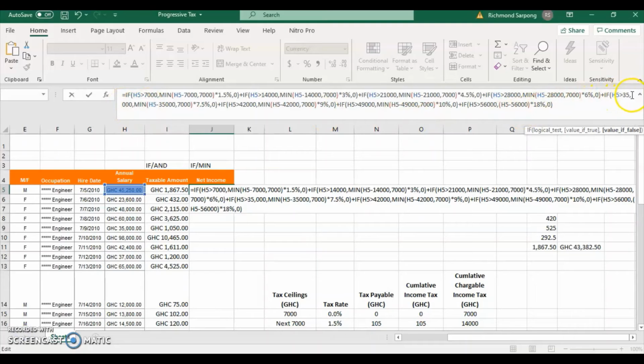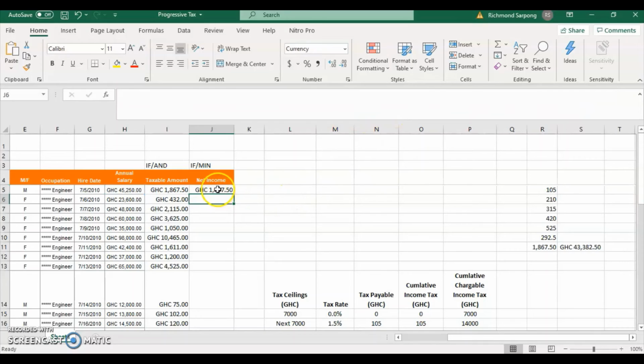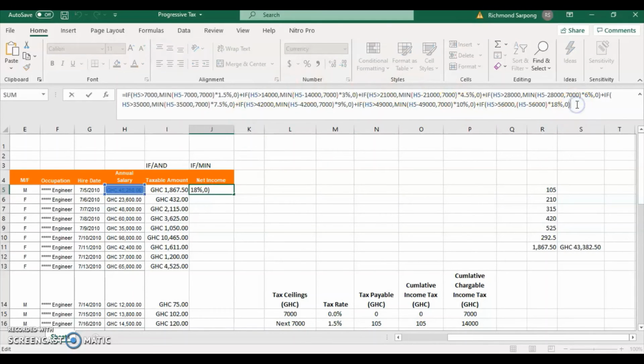I have made a mistake in here. Instead of 35,000, I brought a comma here. So I need to take that comma off to make my function relevant. And that's it. Hooray. I'm there.